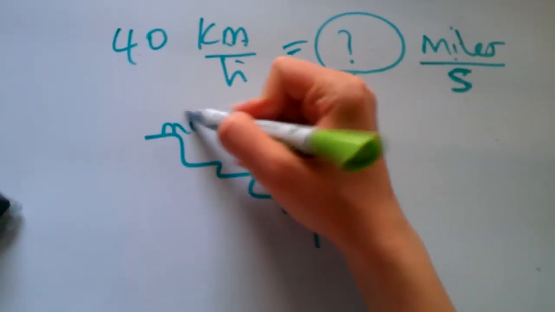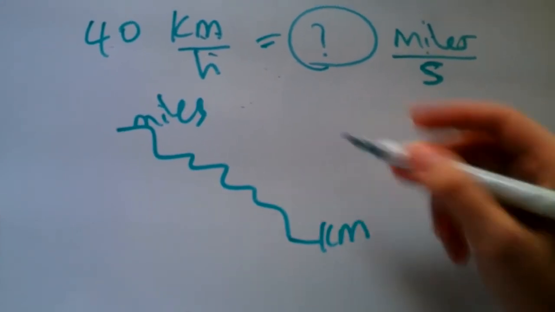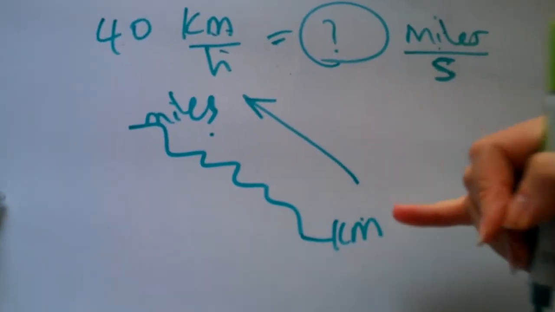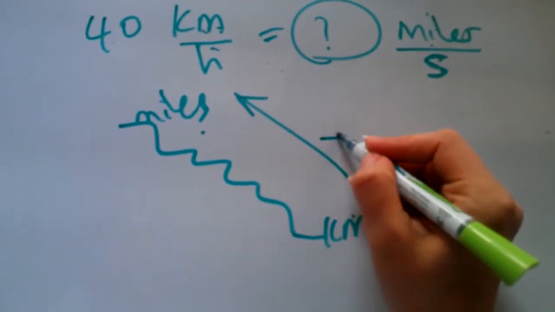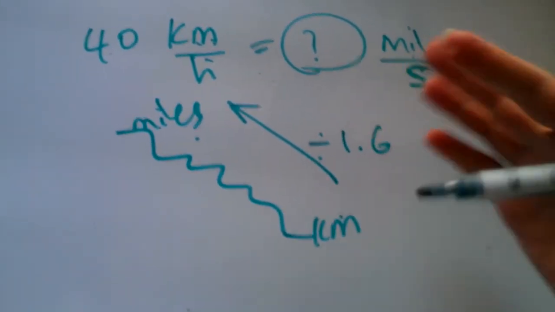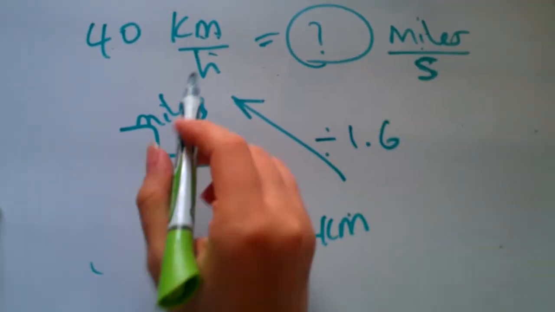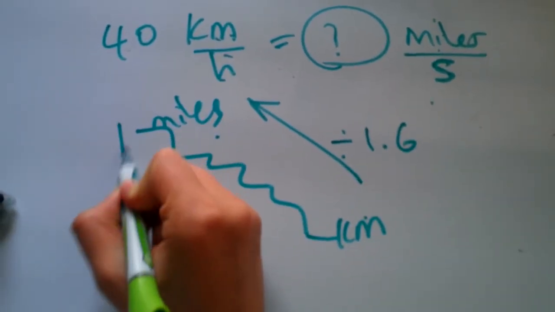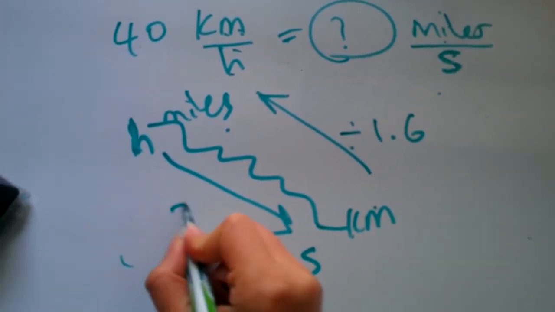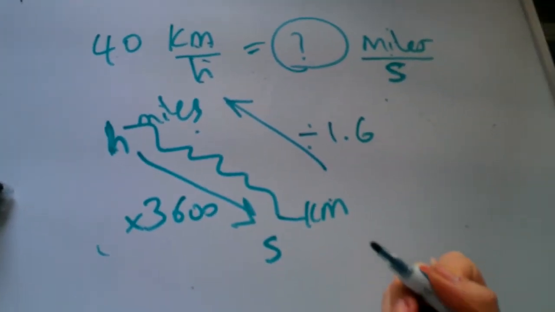We know miles are bigger chunks and kilometers are the smaller chunks, right? So the conversion factor from kilometers to miles, small to big, is division, and the conversion factor is 1.6. So you have to divide by this number to go from kilometers to miles. And for hours to seconds, we are going from higher to lower, and the conversion factor is multiplication by 3600, right?